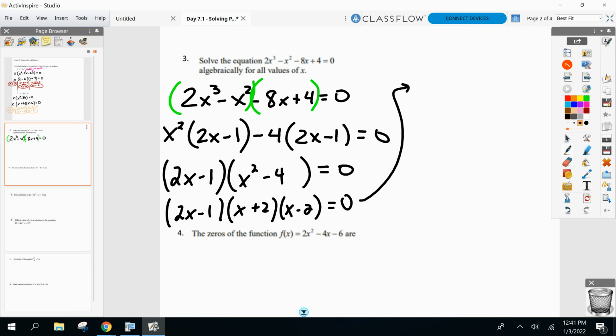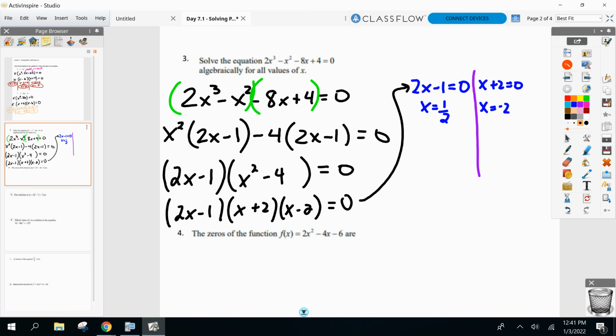All right, let's talk. What are my 3 answers going to be? Well, 2x minus 1 equals 0. What do we get there when we solve for x? Half, yeah. And then I'll have x plus 2 equals 0. So hopefully x equals negative 2 is an answer.